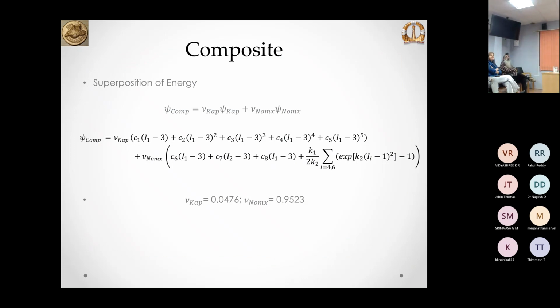Finally, we have to give the model for composite also. Composite, we did not do it separately. What we did, because composite is made from Kapton and Nomex, we just tried to see if we can superpose the energies of the Kapton and Nomex and see if they can give the response of the composite.